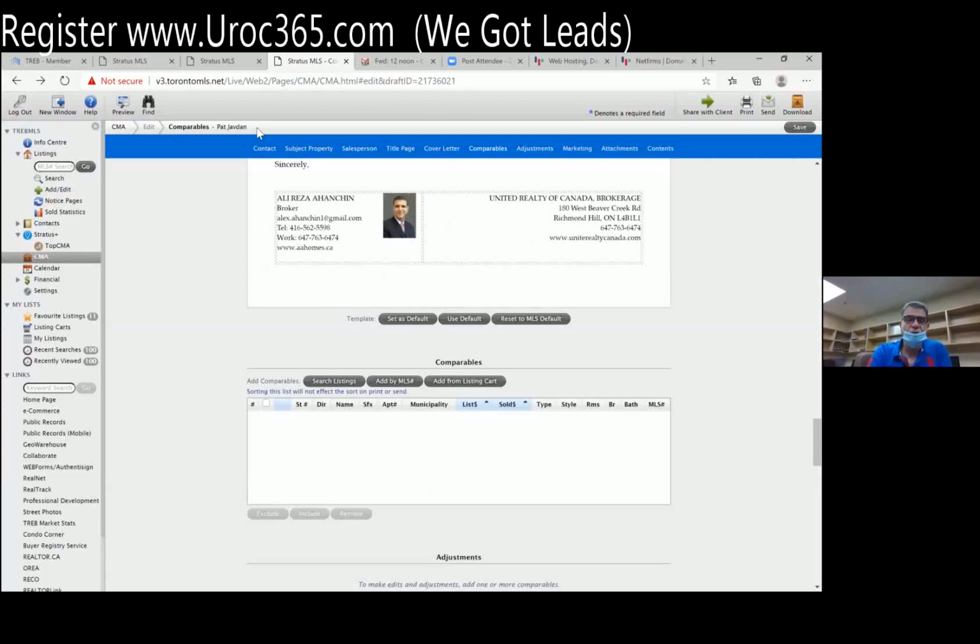Is it this one? Okay, this is a very good house, but sold almost more than 1 year ago. Put it in S1. This is the second comparable.